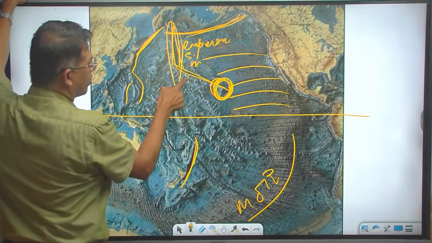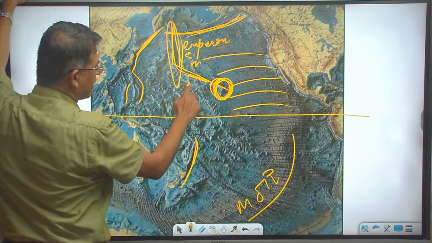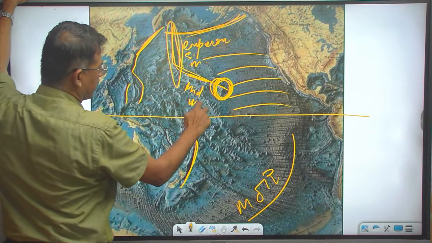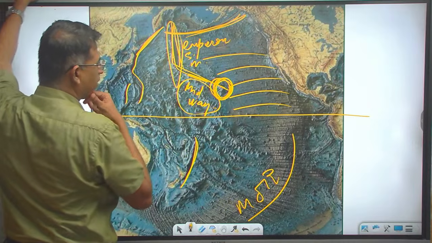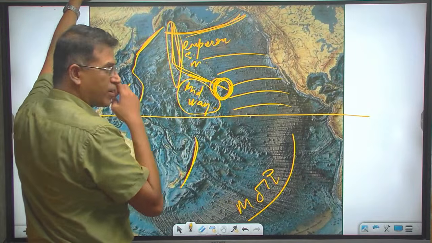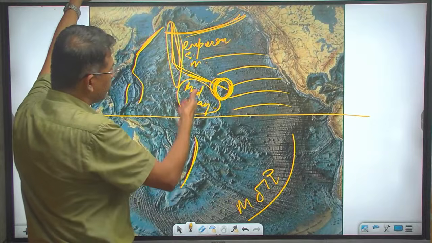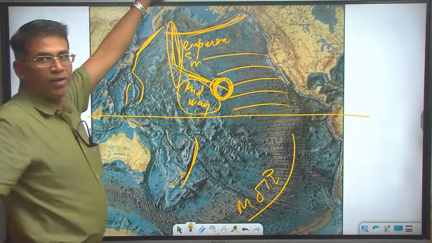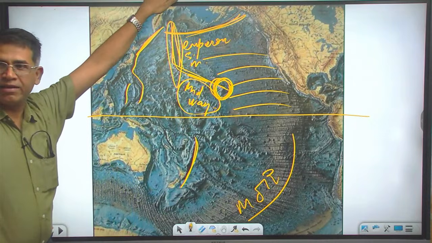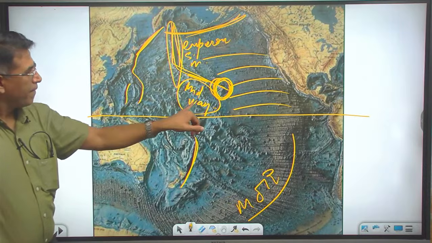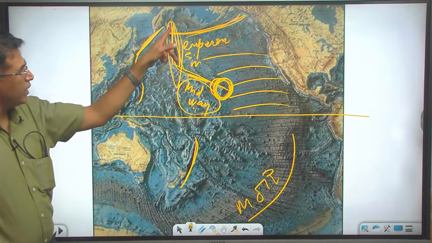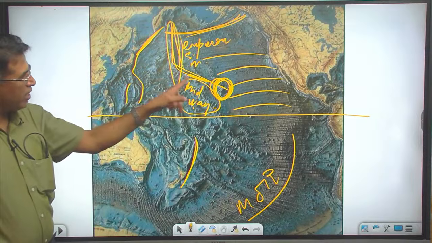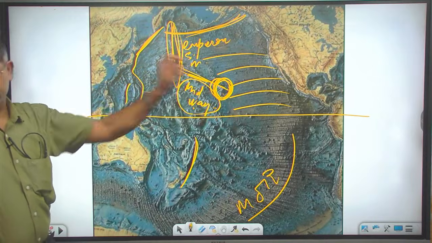And here there is an island group called the Midway Islands. The Battle of Midway of the World Wars was an almost decisive battle between American and Japanese ships. So the Midway Islands are here. These are the Emperor Seamount chain, and this is the Hawaiian Islands.